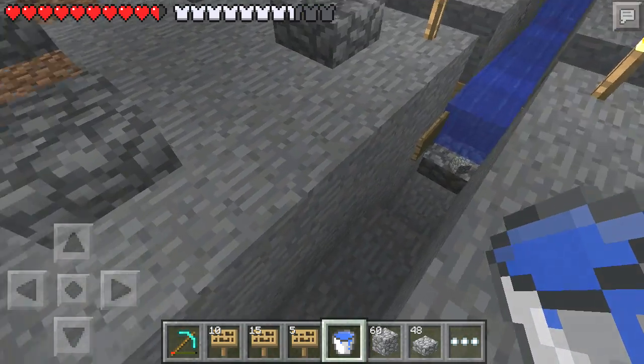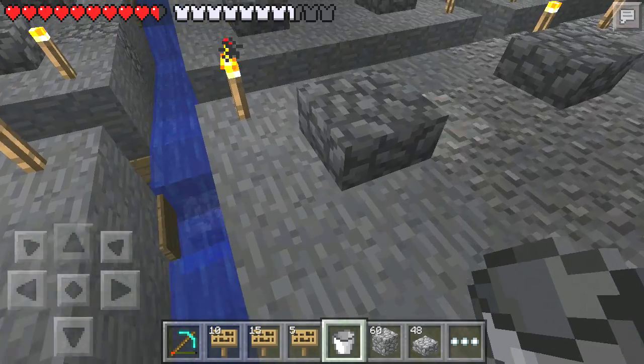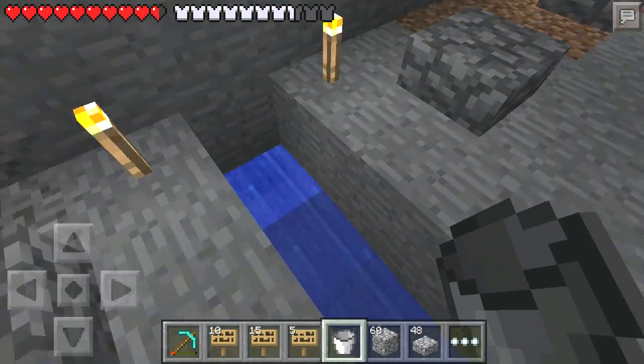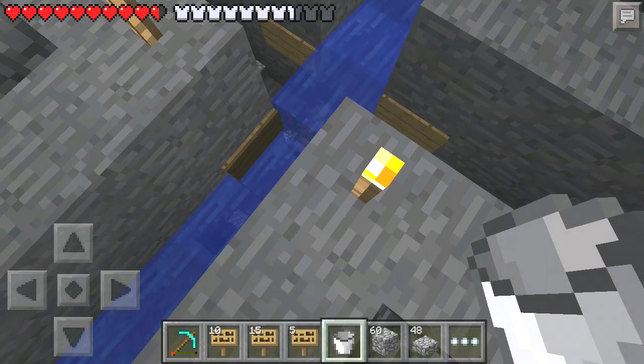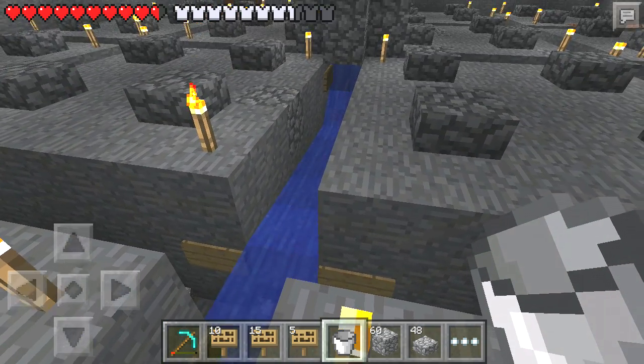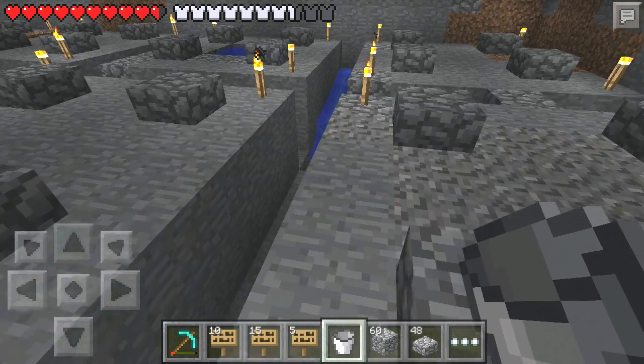And now if I were to place a water bucket or a water block here, a mob that falls off of this ledge will be swept down to this block and then pushed all the way to the elevator.